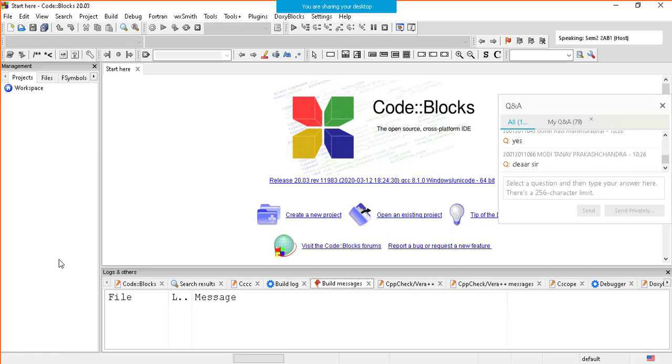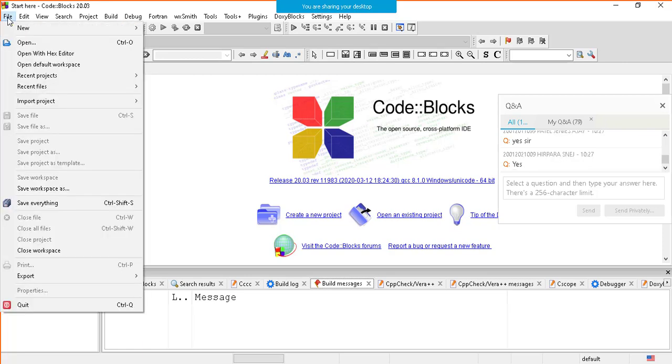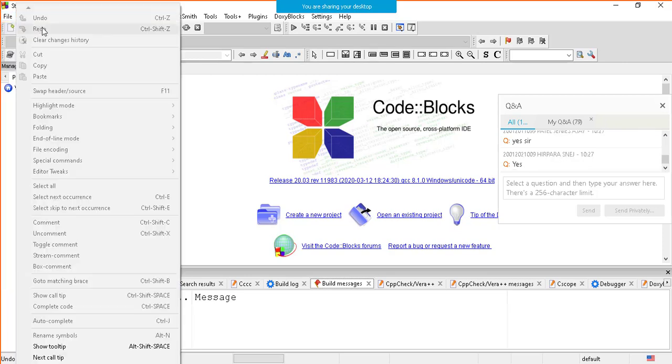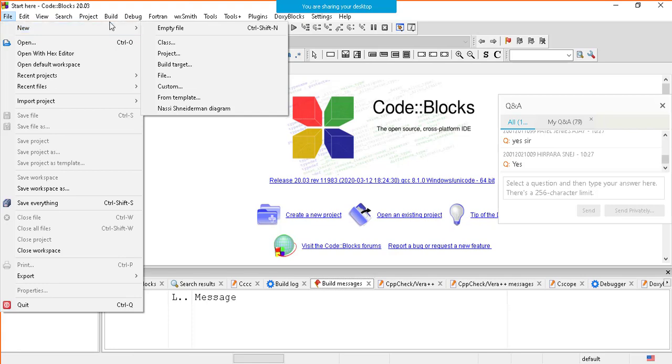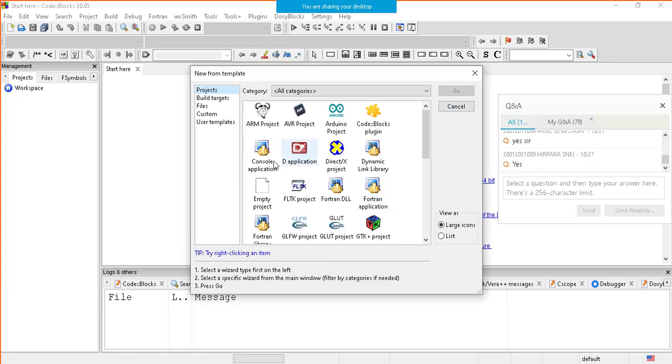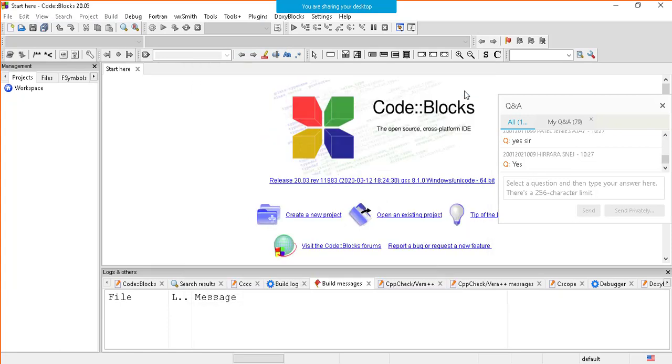Right, so I hope you are now able to see Code Blocks, and let me start a new project. I have to go to File, say New, and then Project. I have to select Console Application and say Go.